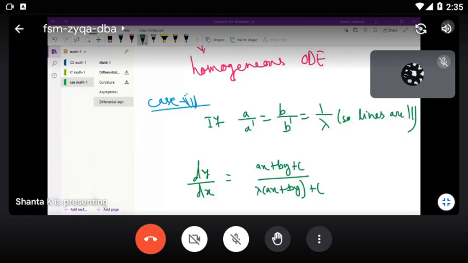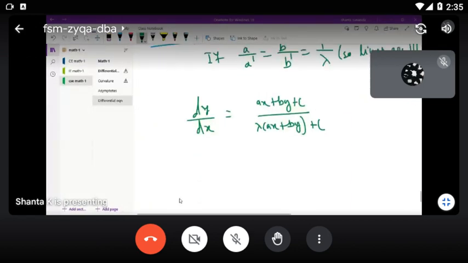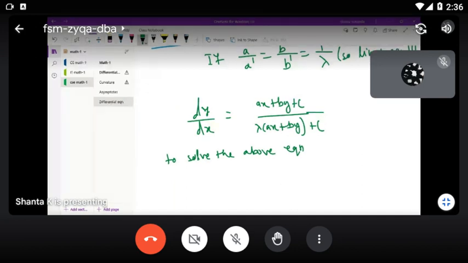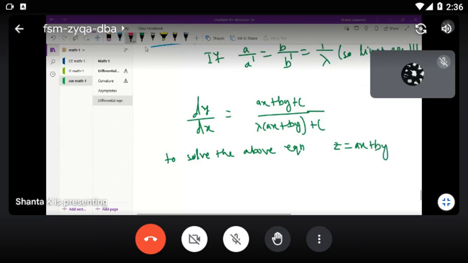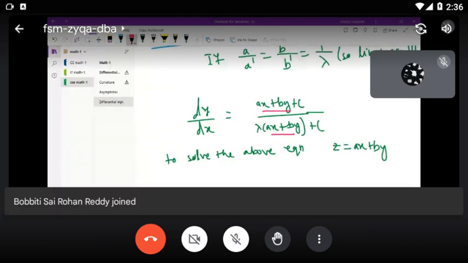Now to solve the above equation, we will substitute here. For the intersecting lines, we shift the origin, putting small x as capital X plus h. And here they are parallel lines, so we will substitute z equals ax plus by. Because this term is the same, it will be z plus c by lambda z plus c.